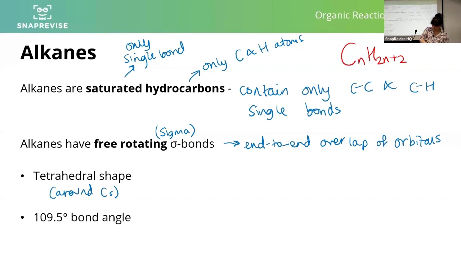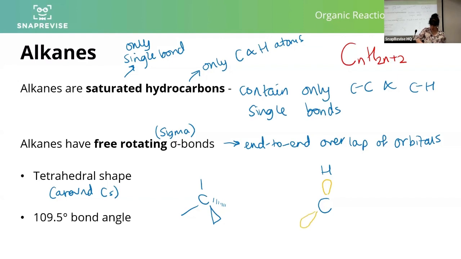So if, for example, we draw it out in our 3D diagram, with wedge and dot, let's point that down a little bit more, then we've got our tetrahedral shape. And if we show those end-to-end orbital overlaps, if you've got your carbon and hydrogen, let's do it in a different color, then a carbon orbital is this sort of shape.